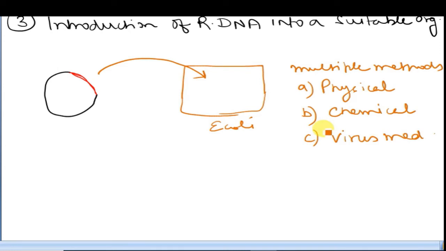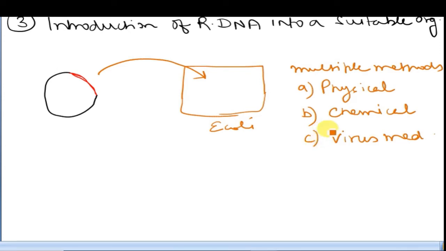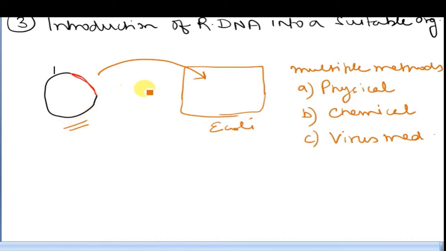In the physical methods, electroporation can be used, and liposome mediated transfer can be used. In chemical methods, PEG can be used, and CaCl2 methods can be used, and finally the virus mediated method. So with this, your recombinant DNA, that is this, would be transferred into E. coli, that is this, right? So it would get transferred inside this.